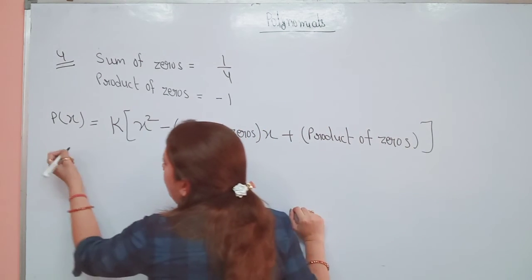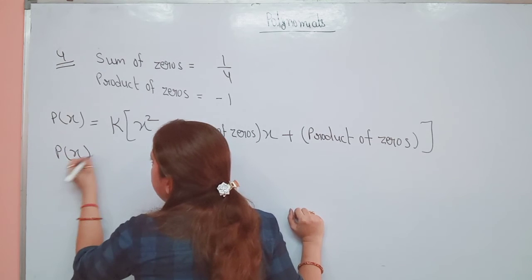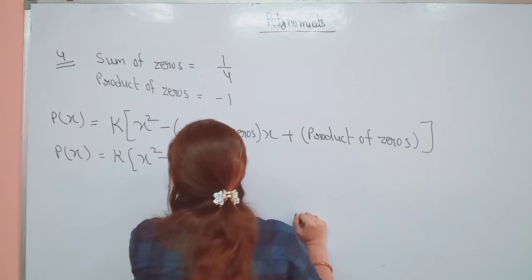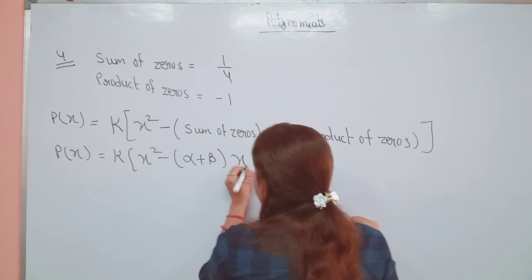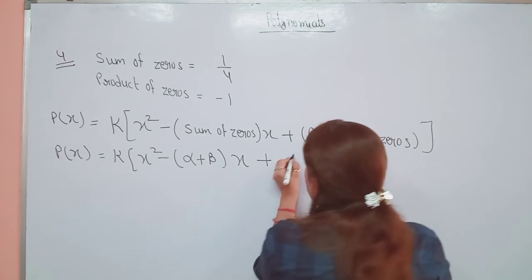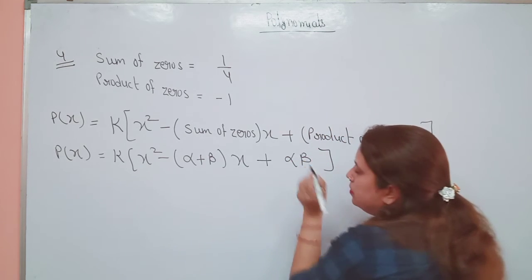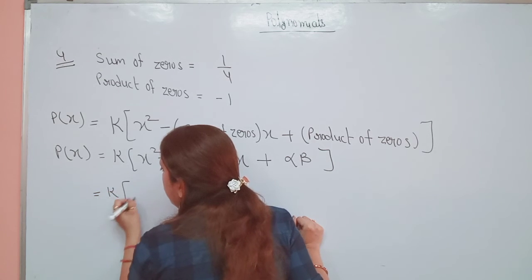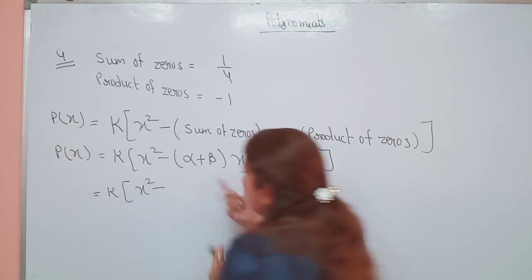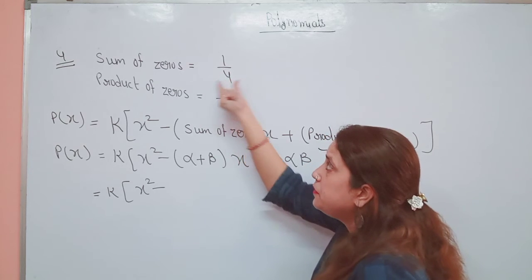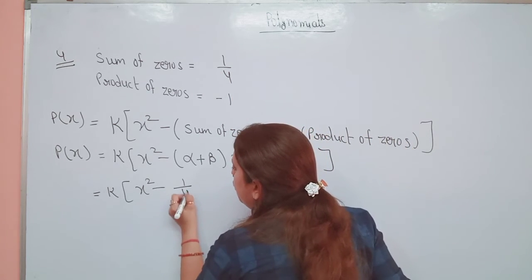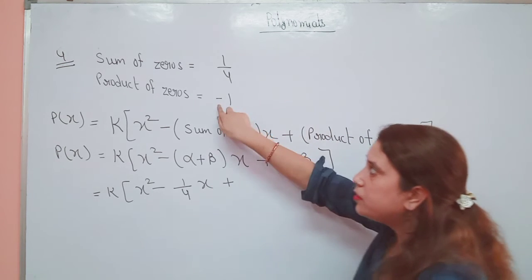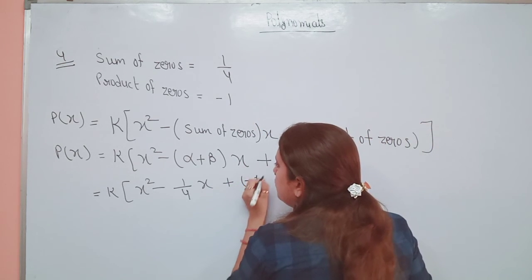Okay beta? Now p(x) is equal to k times x square minus alpha plus beta into x plus product of zeros alpha beta. This is the formula. Okay, k is a constant, it will be the same. Now sum of zeros is given in the question, 1 by 4, x plus alpha beta, product of zeros is also given, minus 1.